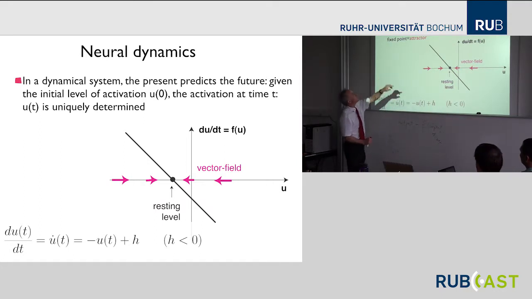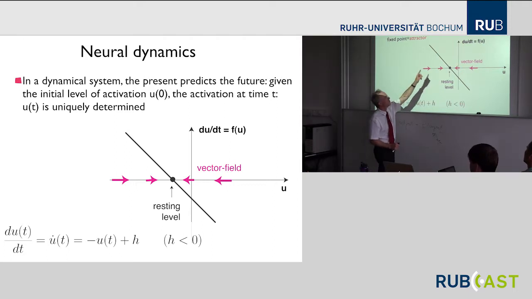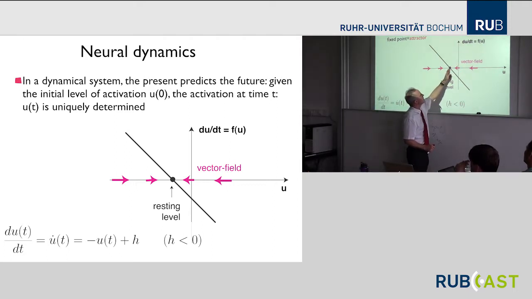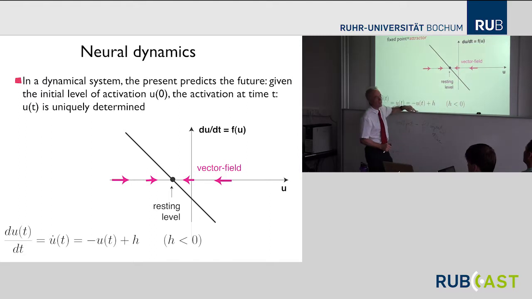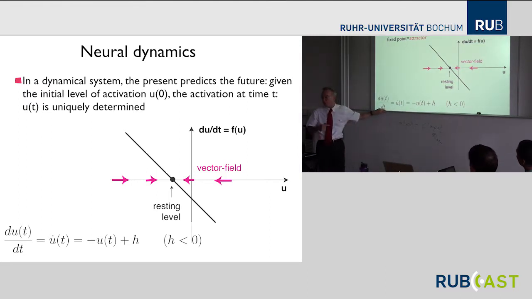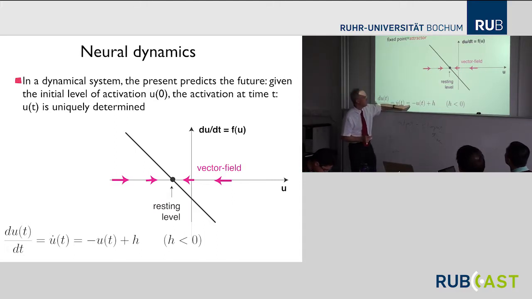Then I previously said what a fixed point is. It's the intersection of this dynamics with the u-axis, where the rate of change is 0. That is actually a solution of the differential equation. It's a constant solution, a stationary solution. That it's a solution of the differential equation is obvious from the fact that this side is 0 there.